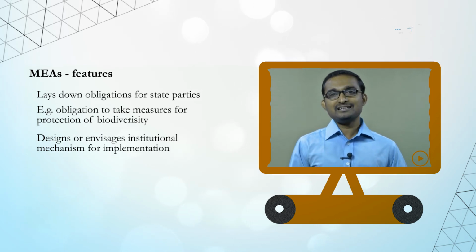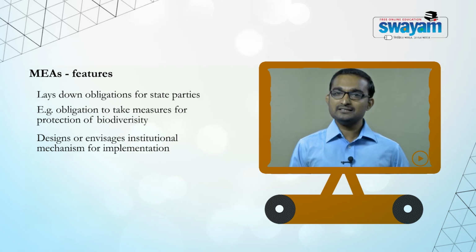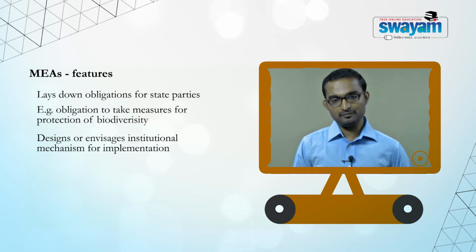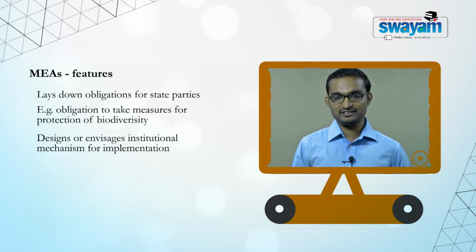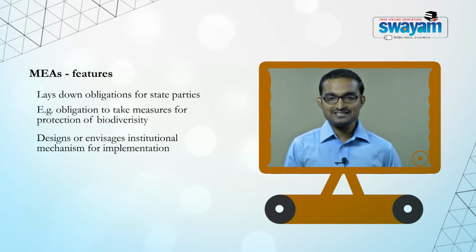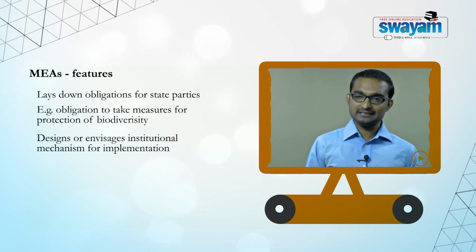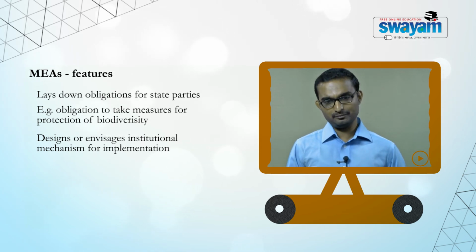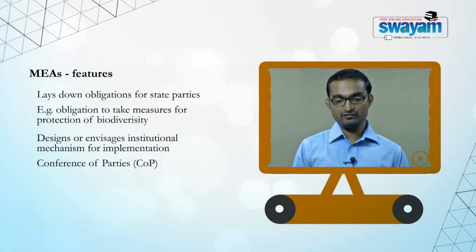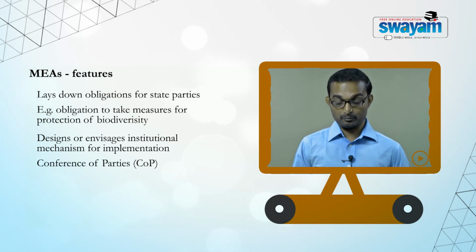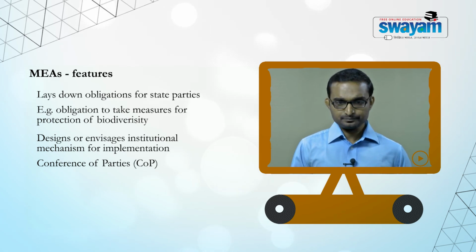But recently the trend has changed, and nowadays multilateral environmental agreements are not using existing international organizations or institutional mechanisms. Instead, they introduced a novel idea called Conference of Parties, which we will come back to later.